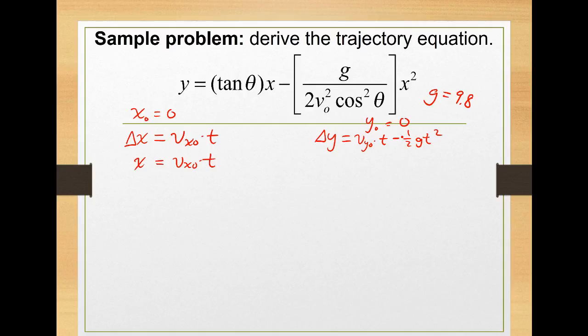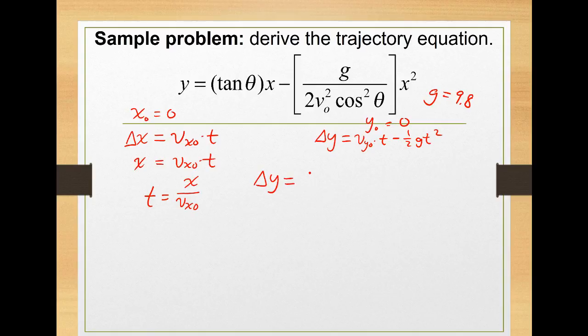Okay, so my strategy is going to be, I'm going to solve this for t, okay? And t is going to be equal to x over vx naught. And I'm going to plug that into my equation for delta y wherever I see t.